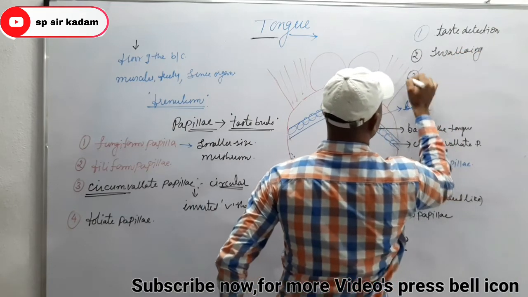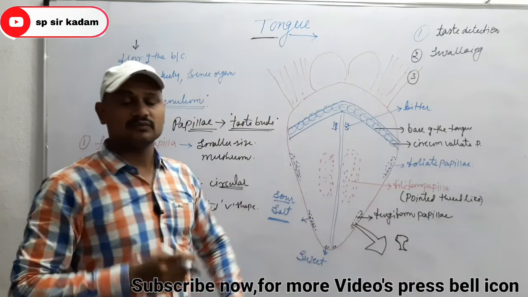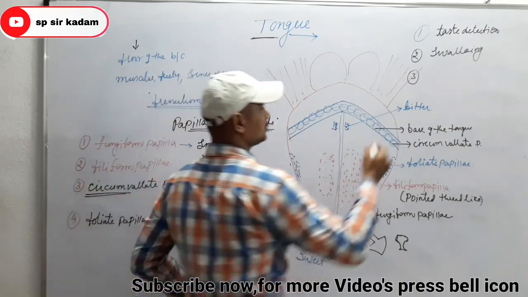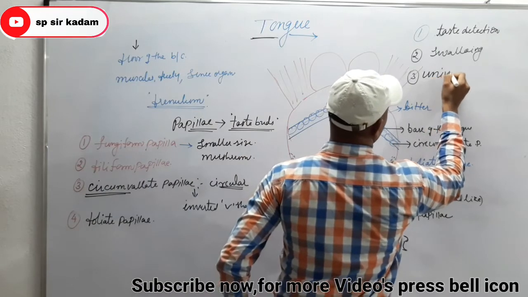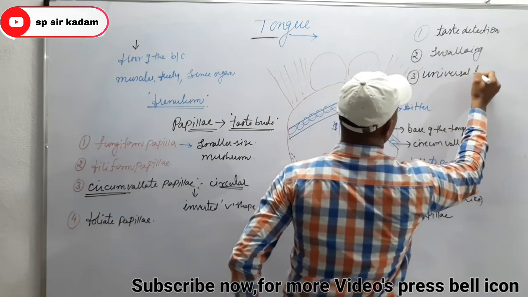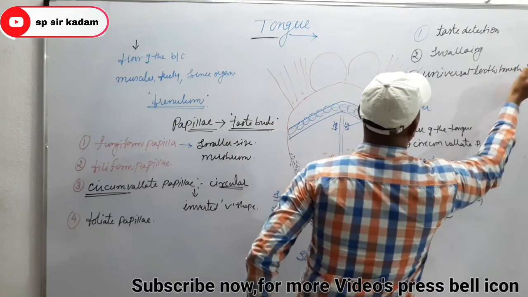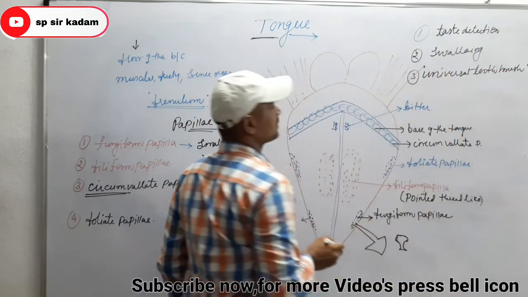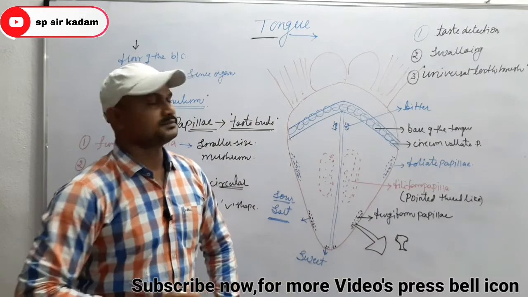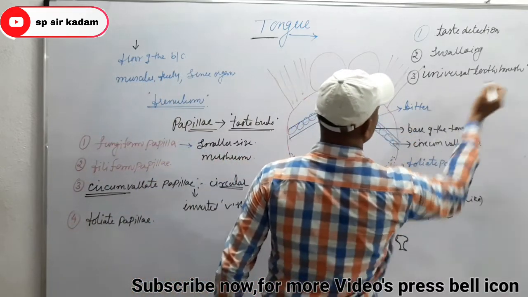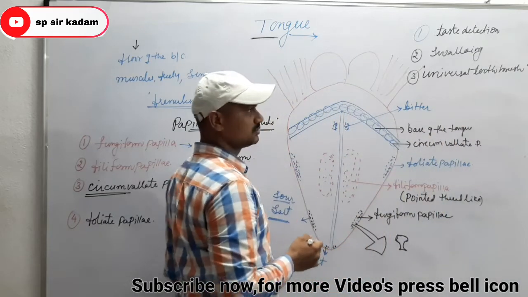Then next, the tongue we can call the universal toothbrush. Why can we call it the universal toothbrush? Because it always keeps our teeth clean. That's why we call it the universal toothbrush.